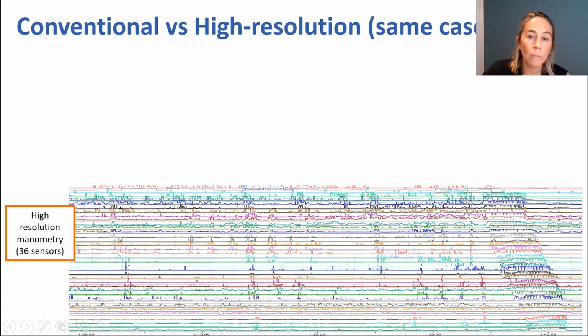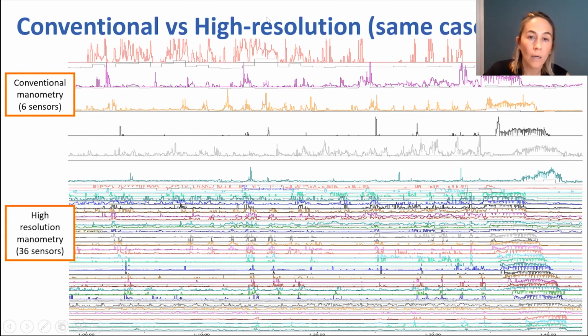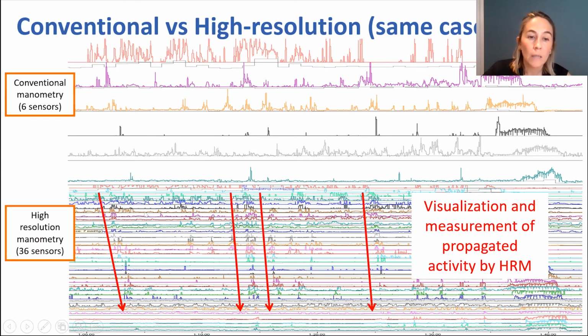And if we place it next to a simulated version of conventional manometry by removing 30 of these sensors, we get this type of recording. If we compare them, you can see that high resolution manometry allows us to detect contractions that propagate down the small bowel, which were virtually undetectable using the conventional catheter.